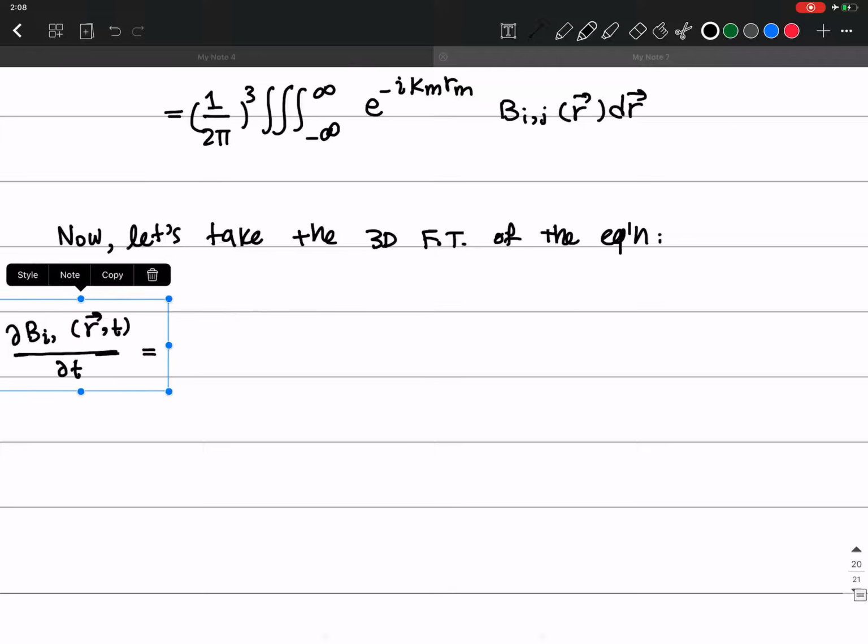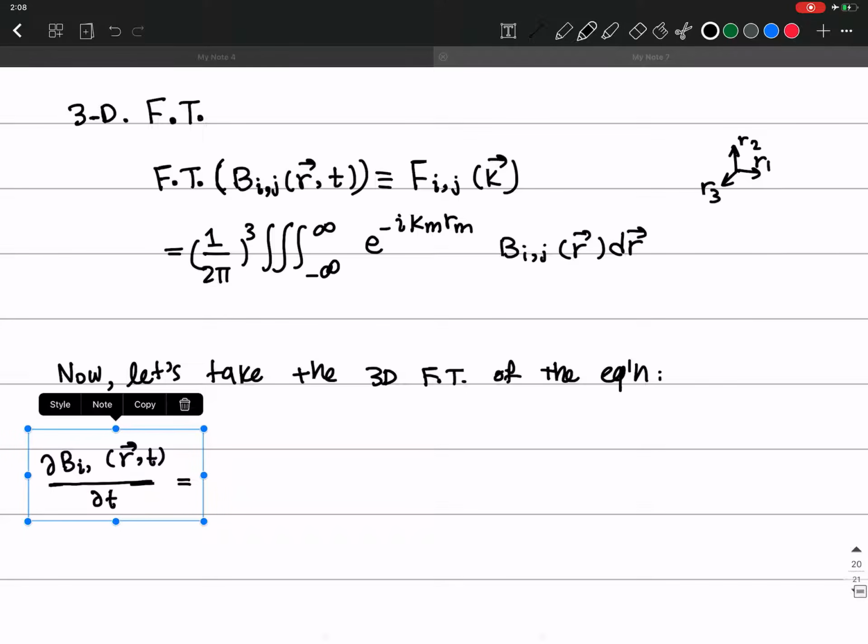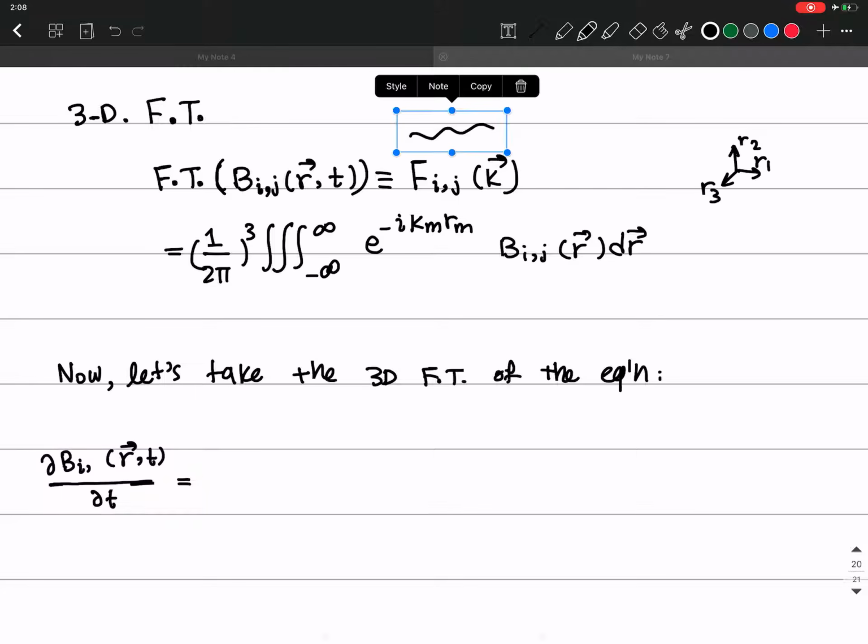If we take the Fourier transform of the first term in space, based on the definition that we had here, it's going to be this term F_ij, and here it is, because it's ii, so it's going to be F_ii. So I can just remove this and write this as F_ii of k and t. Now we are in the wave number space, so it's going to be k rather than r, and t, time. We have time too.